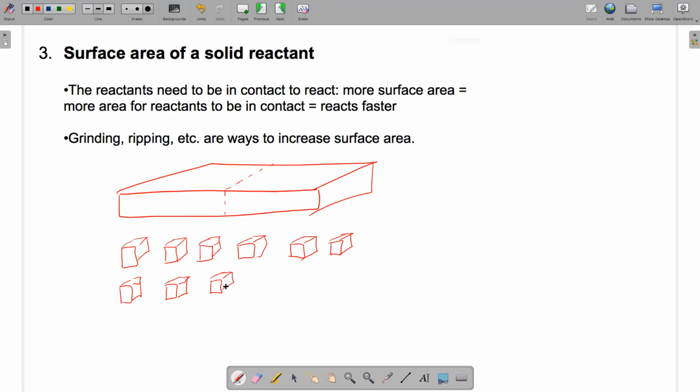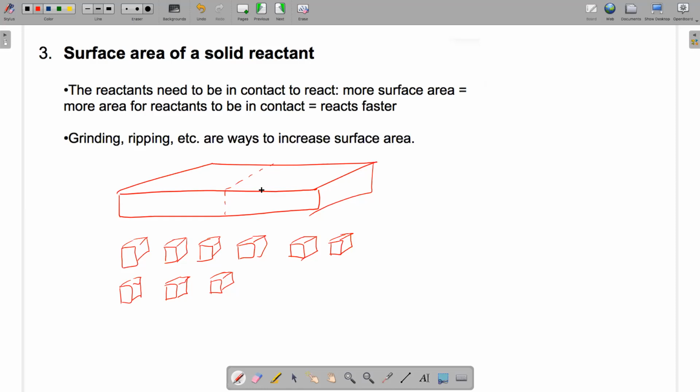If you're trying to get something to react, you need contact area for the chemicals to come together. If it's corrosion of a copper penny, the oxygen can only react with the outside. If you grind it up to make copper powder, the reaction happens at a faster rate. In other words, more reacts per amount of time.